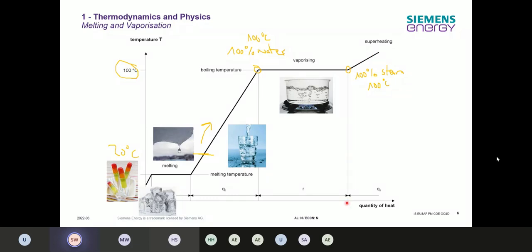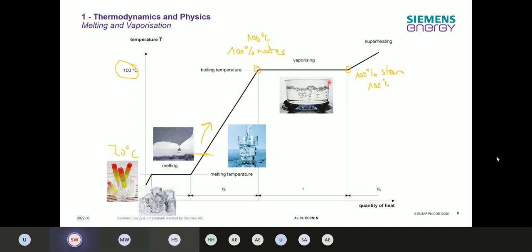And from there, when we're still bringing energy or quantity of heat in, we come to the so-called superheating. That's what we want to have inside our power plant. The steam turbine normally only likes superheated steam, because otherwise you have a risk that when the turbine is running, the temperature is dropping inside the turbine as you get through the stages, so that you get somehow into the wet steam area again.